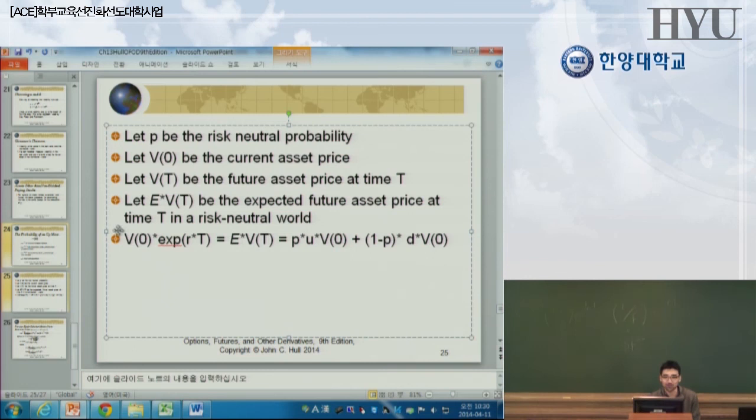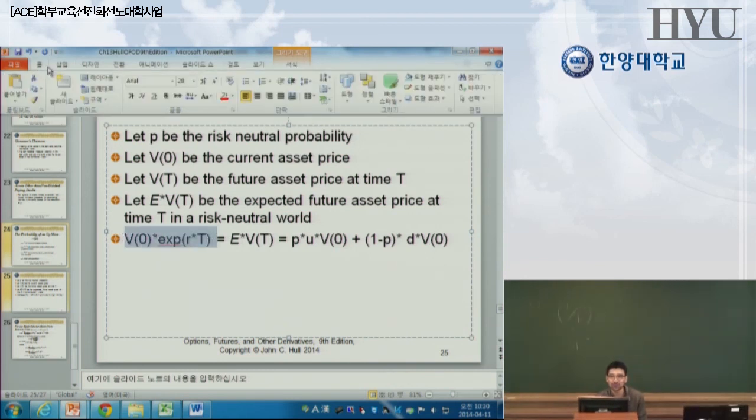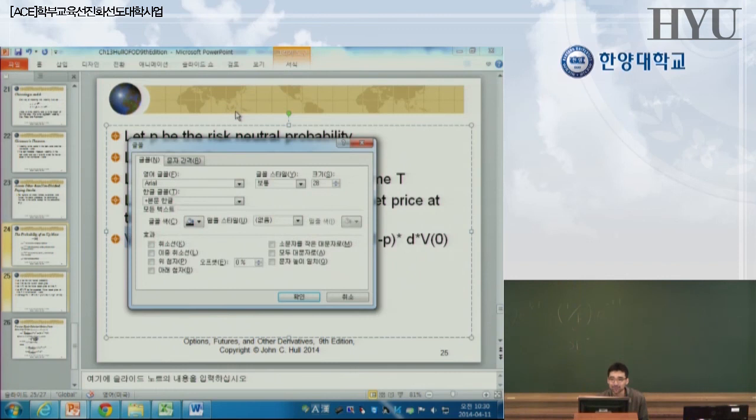Actually, I explained this already, but I'm repeating it for you. So this one should be highlighted, not MS Word.